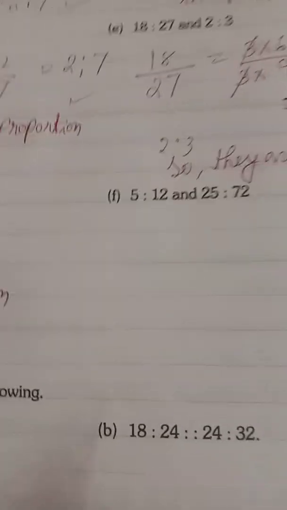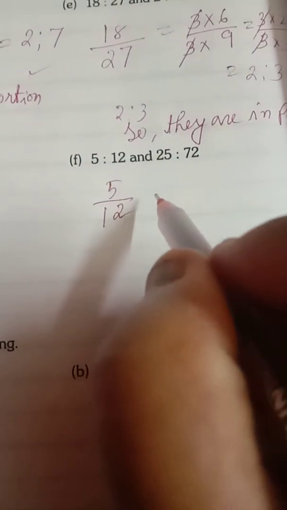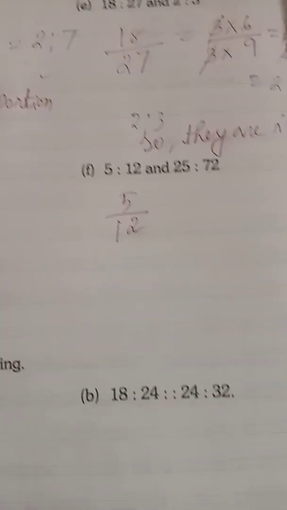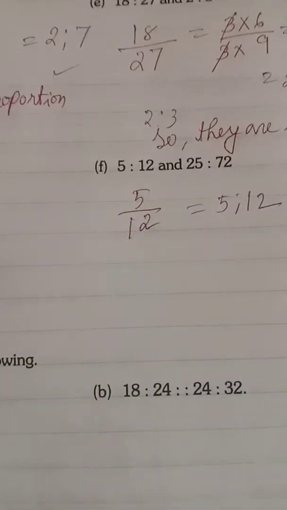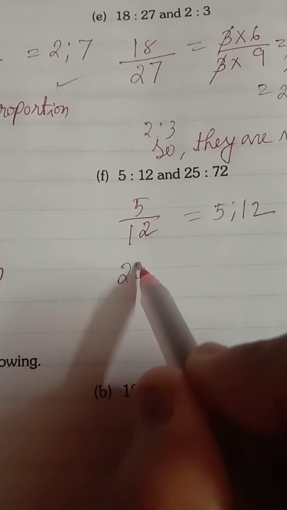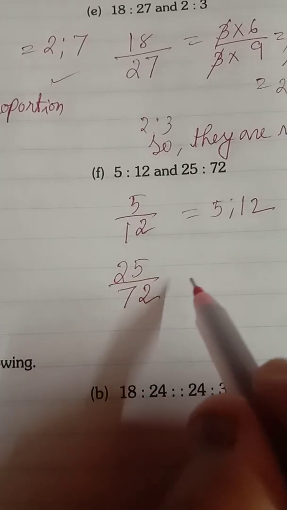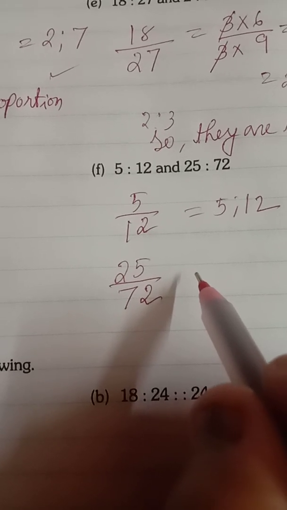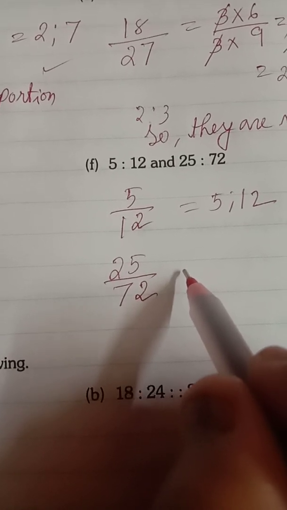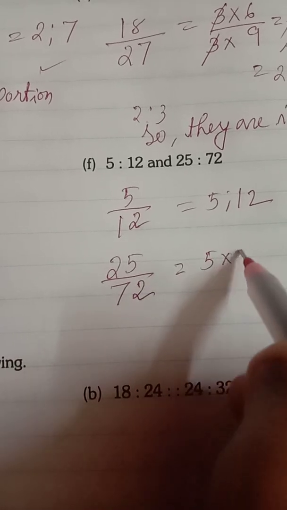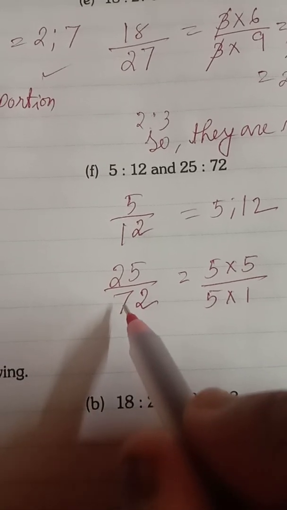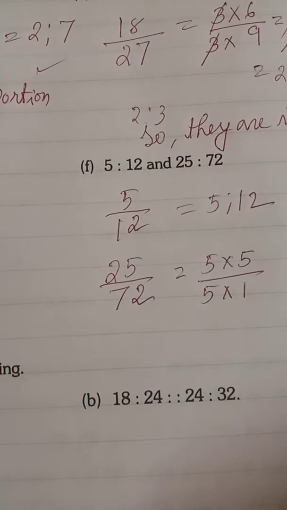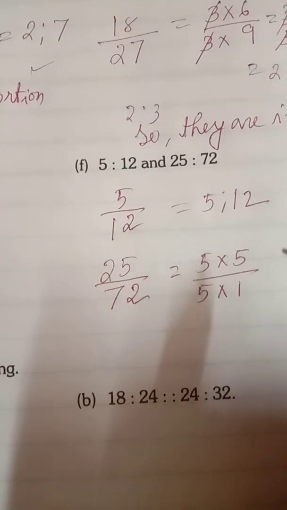Next, that is question number F. 5 upon 12. Not possible to divide. So the ratio 5 is to 12 as it is. And next, 25 upon 72. 5 5s are 25. 5 1s are 5. 7 minus 5, 2.